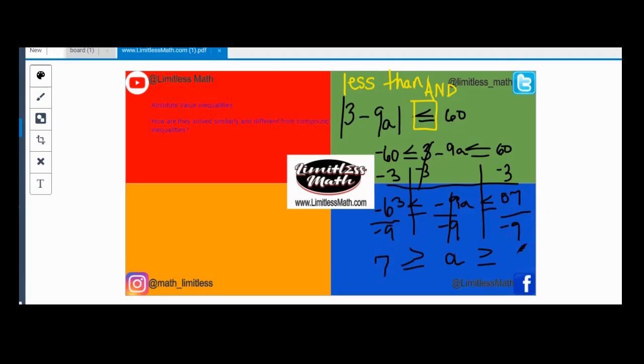But let's be highly skilled. Does that reduce? Can we simplify that fraction? I do believe they're both divisible by 3. So we need to change this to negative 19 over 3. All right, so that would be our solution. We can also graph it. I have a video about graphing inequalities that you can watch to show you how to graph that.